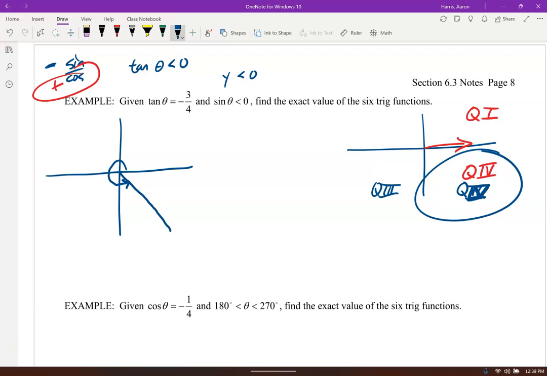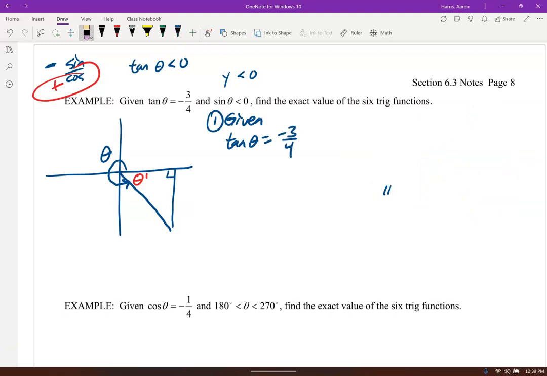And what we're going to do is use right triangle trig. We're going to use our reference angle theta prime and the information given. So here's our theta. We're given tangent theta is negative 3 over 4. Remember, tangent is, oh heck, another hour of algebra, SOHCAHTOA, right?